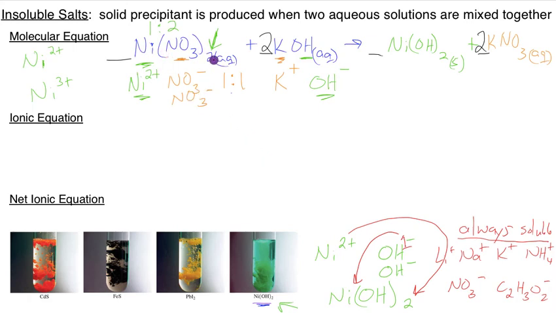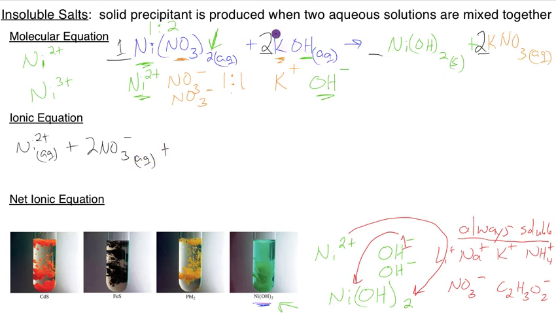For example, there's a 1 in front there, 1 nickel, and there's 2 nitrates in this formula. So what I would do is something like this. Right, ionic equation, we write out the ions, taking account how many of each we have in the formula above.